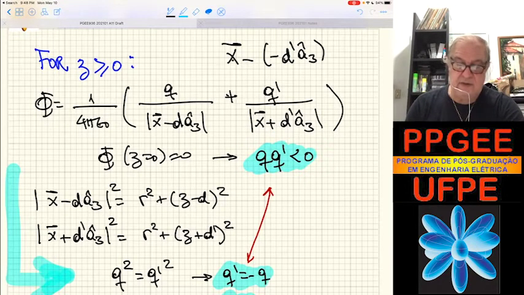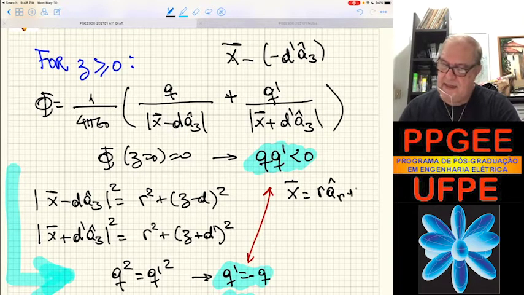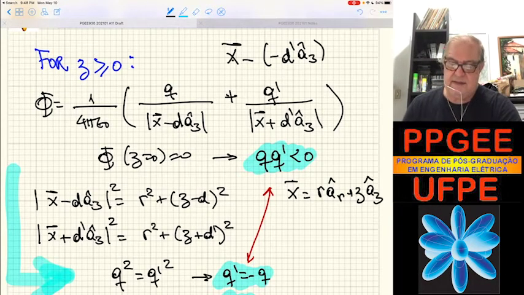Now let's calculate those magnitudes using vector algebra. Well, you can use here x equals r a_r plus z a_z, that's the general vector.